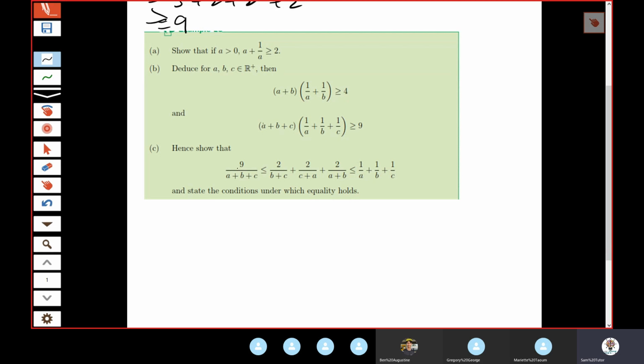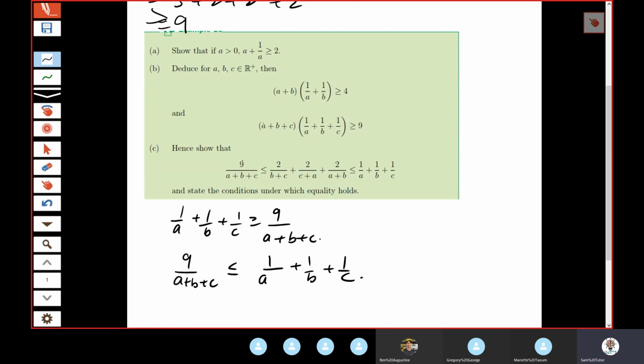So we can see 9 on A plus B plus C, right there, is the same as 1 on A plus 1 on B plus 1 on C being greater than or equal to 9 on A plus B plus C. Or in other words, this number is smaller than this number. So 9 on A plus B plus C is smaller than 1 on A plus 1 on B plus 1 on C. So I think we can say we got this and this out.